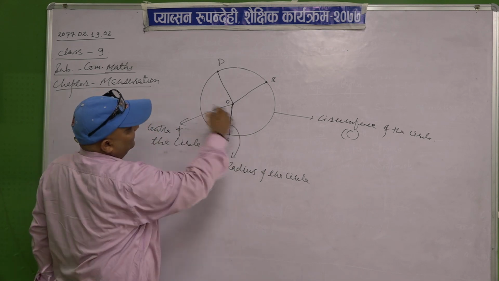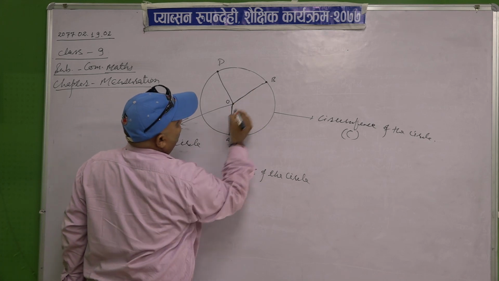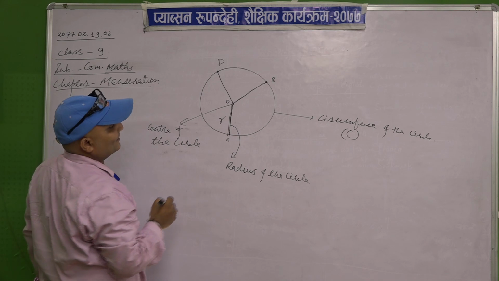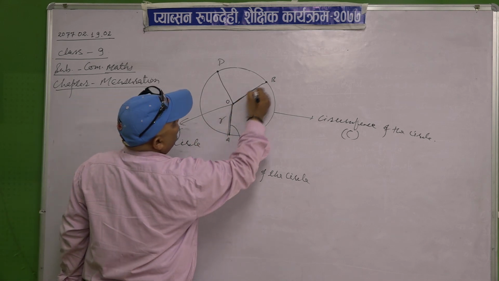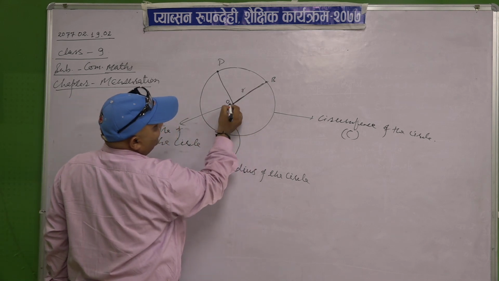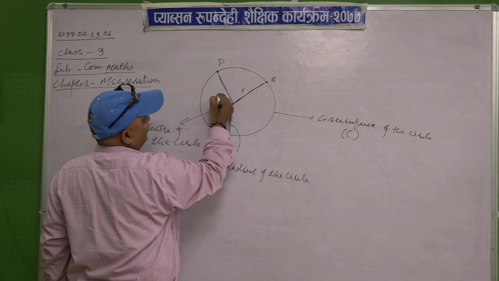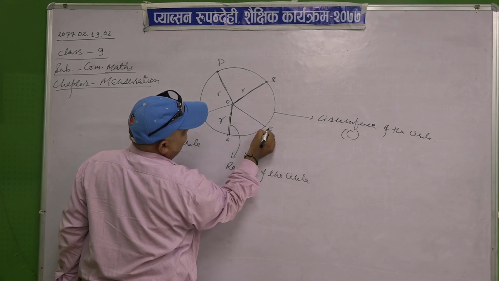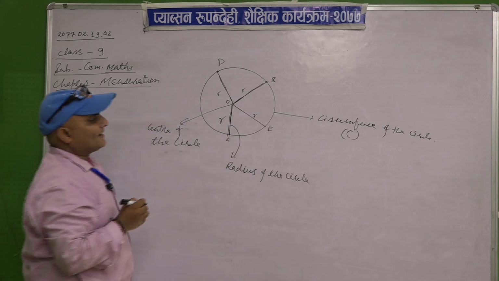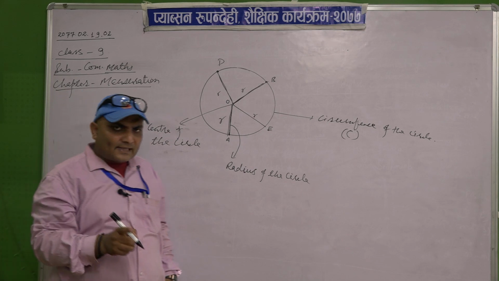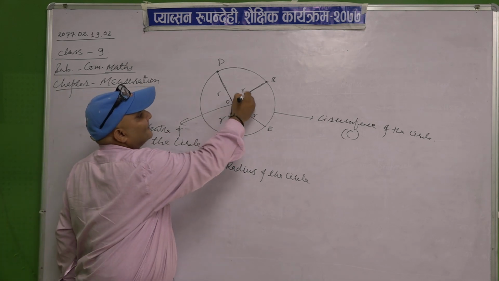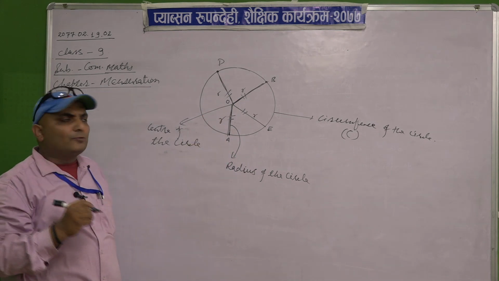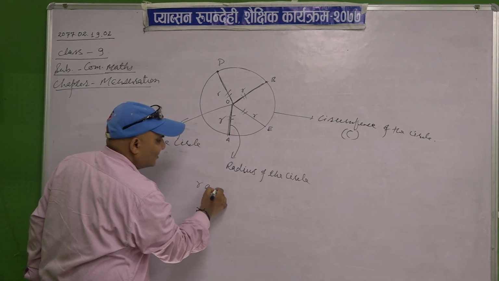So in this figure, OA is a radius. It is denoted by small r or capital R. OB is also a radius, OD is also a radius. You can make more. OE is also a radius. These are all radii of the circle. Radii is the plural word; radius is the singular word.